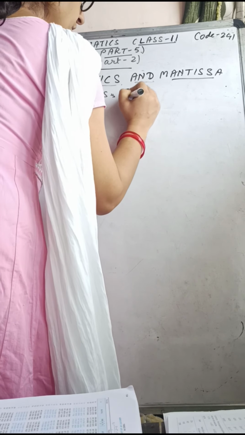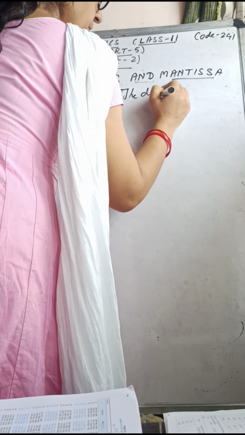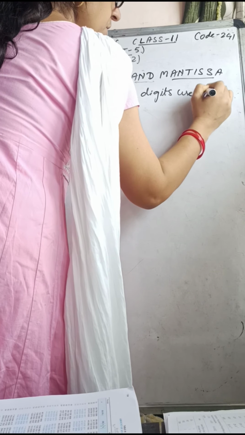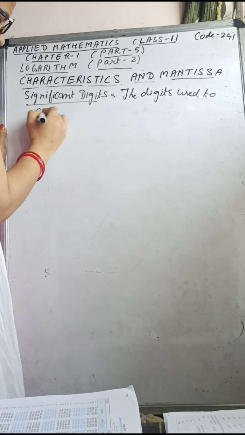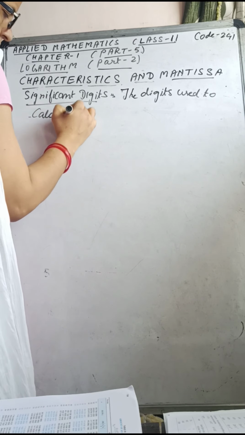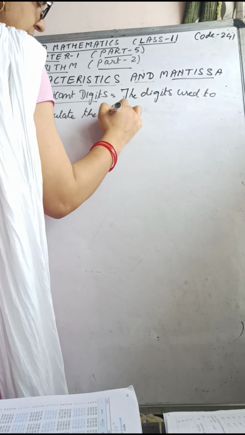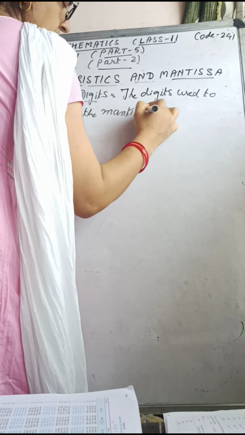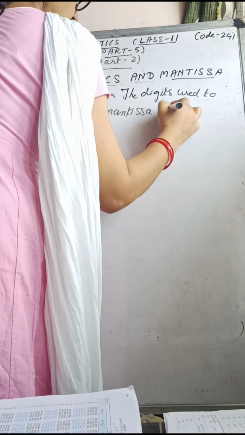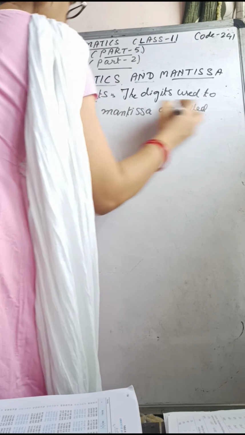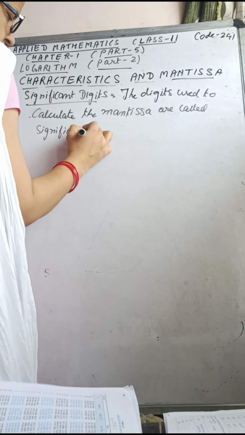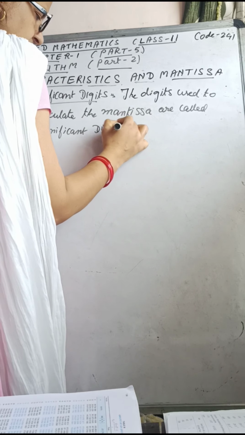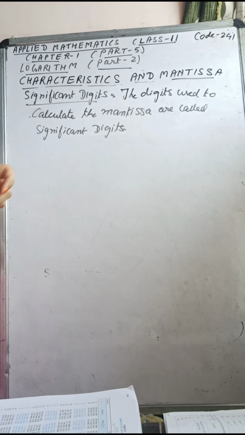We can give this definition: the digits used to calculate the mantissa are called significant digits.